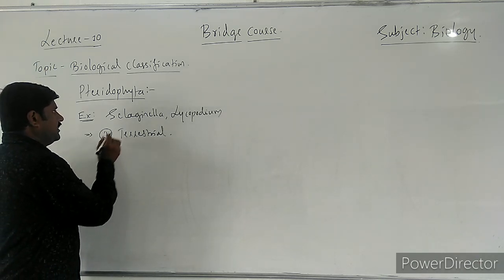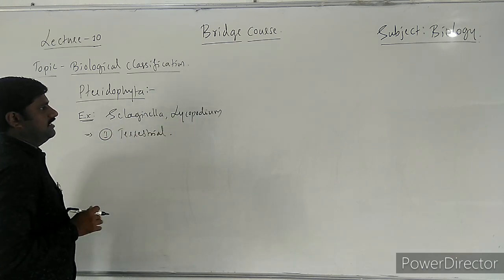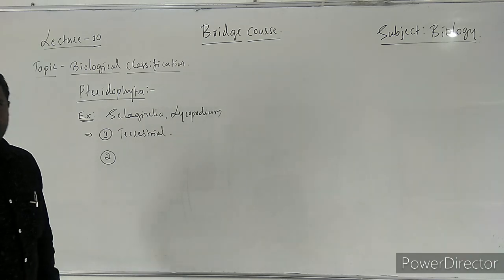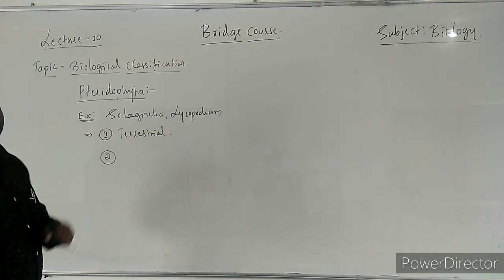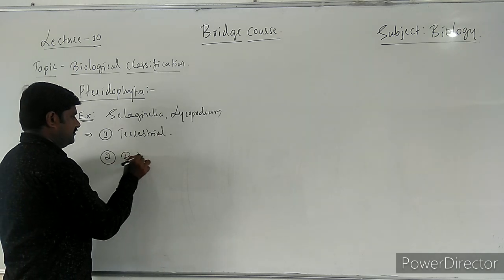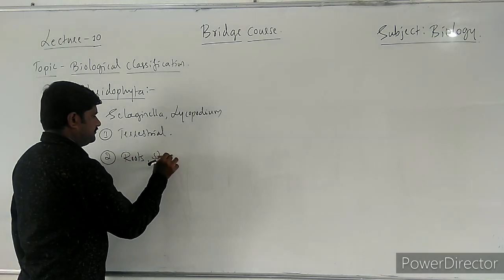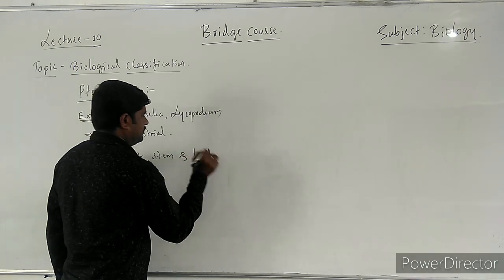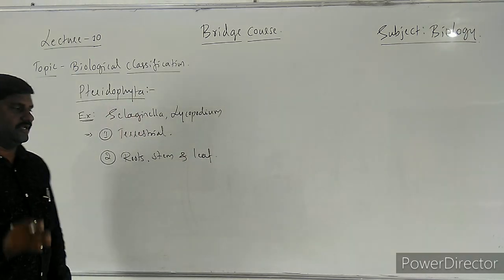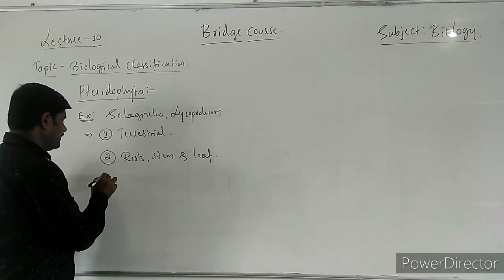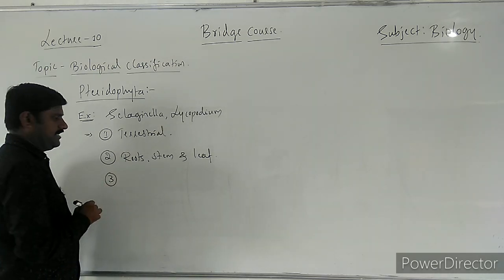Selaginella and Lycopodium are plants whose body has definite roots, stem, as well as leaves.